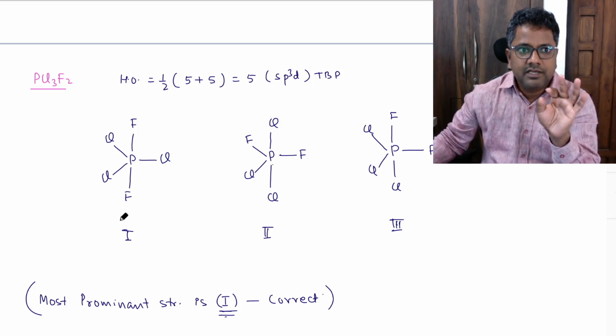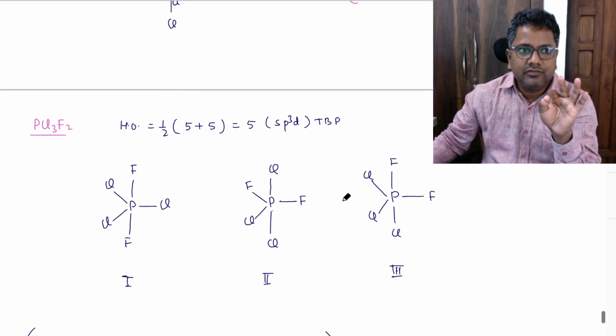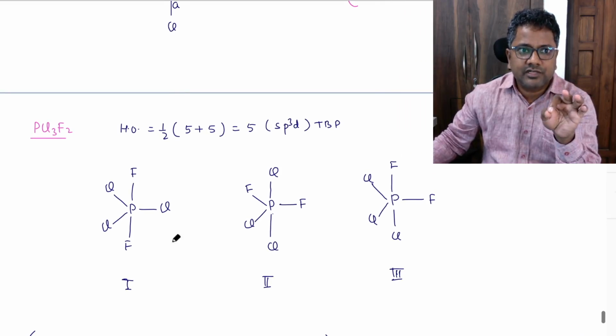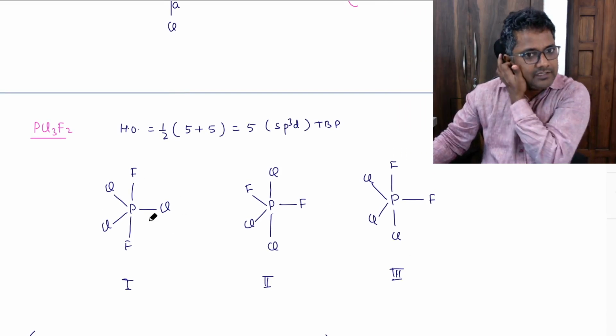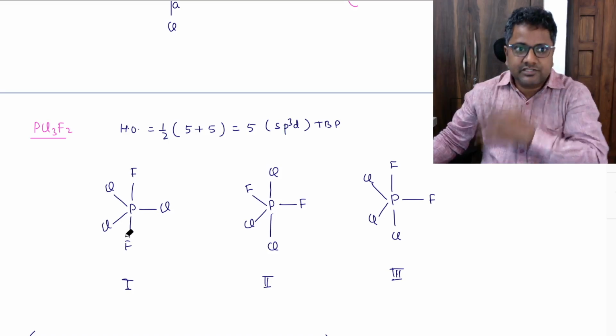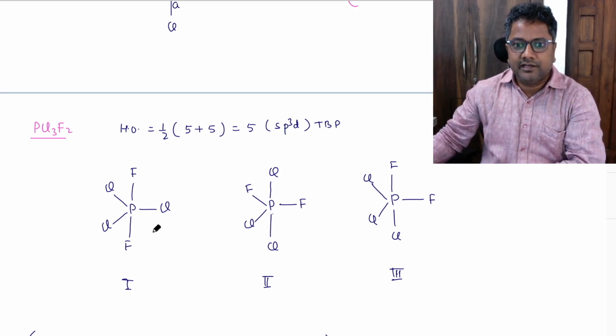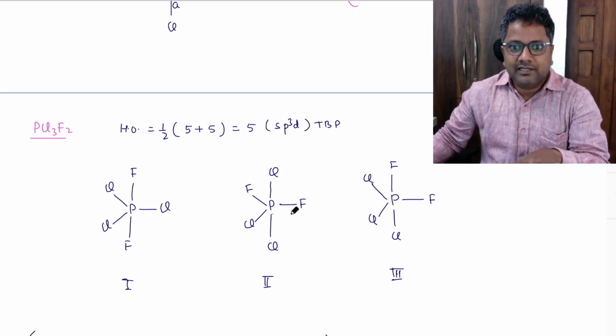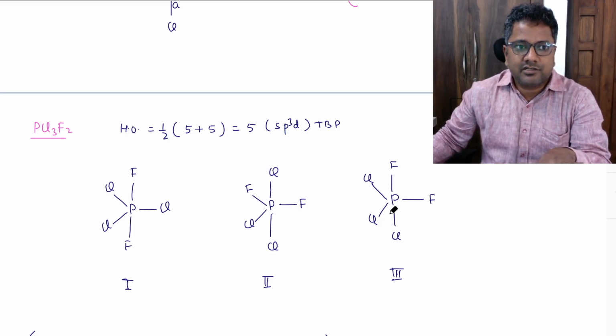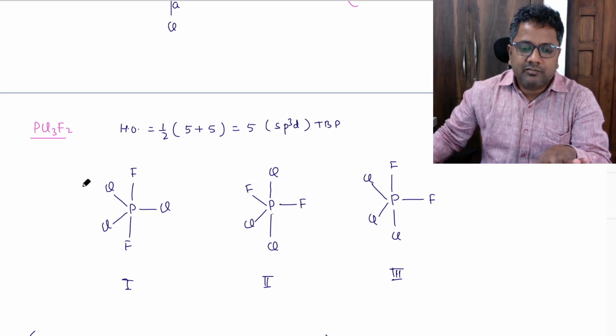If you quantitatively analyze this molecule, then you will find that the population of this structure is maximum. I am not denying that the other structures are not possible. All the structures are possible, but the more prominent structure is this. Okay.